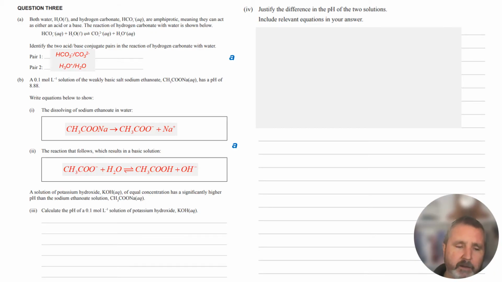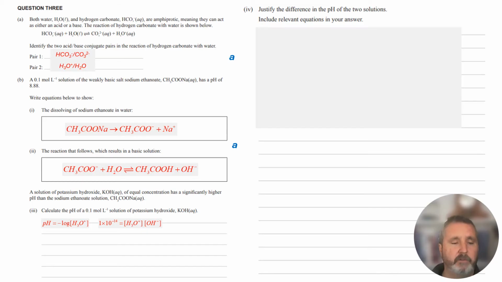In order to calculate the pH, we're going to have to convert the concentration of hydroxide into the concentration of the hydronium, or the H3O plus ion. We do that by going to our resource sheet, and we find the equation that is 1 times 10 to the negative 14 equals the hydronium ion concentration times the hydroxide ion concentration.